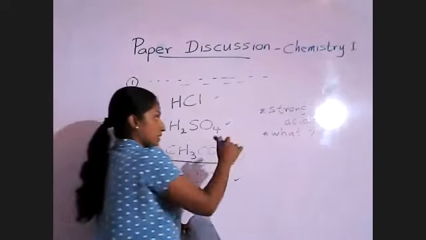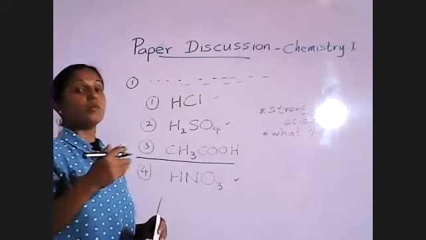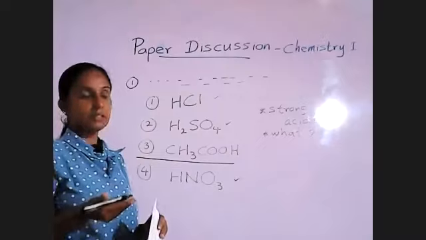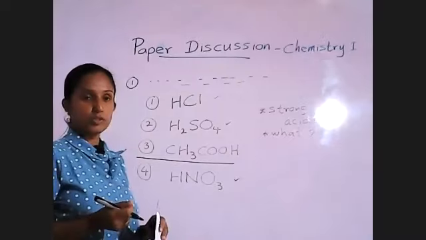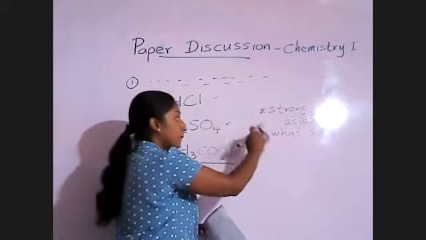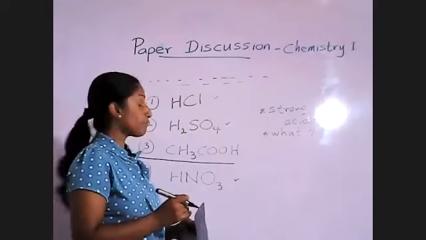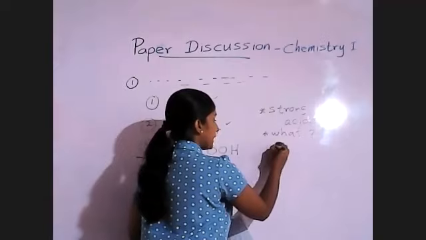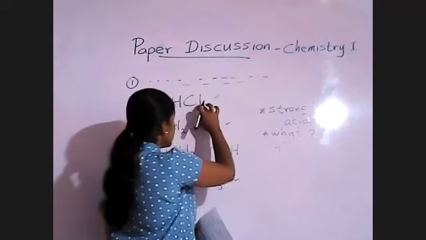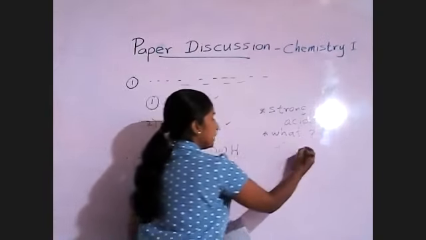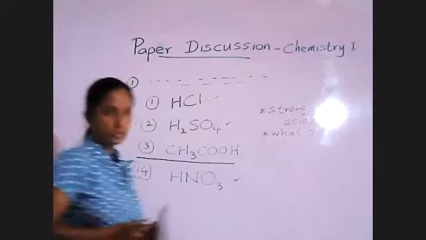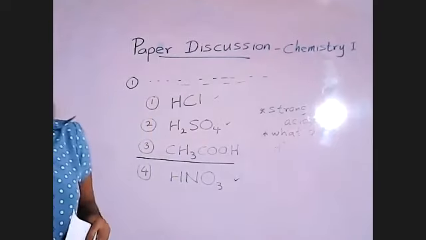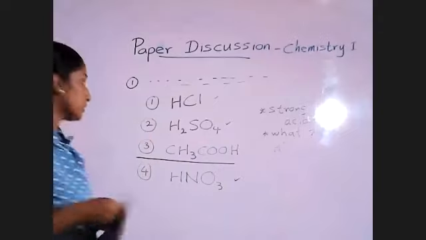Strong acids completely ionize in the aqueous solution, and they give H plus ions, and in the case of HCl, chloride ions to the solution after completely ionizing in the aqueous solution.